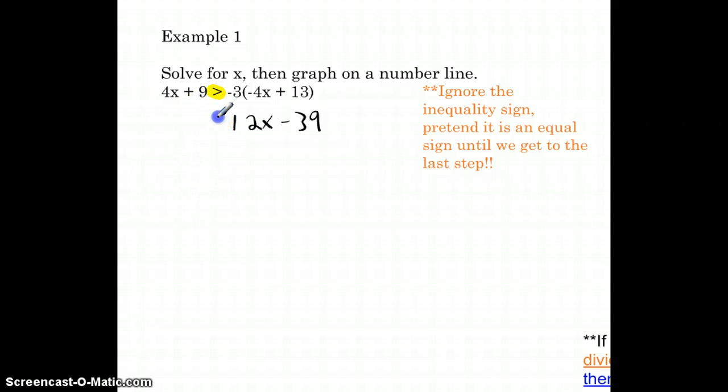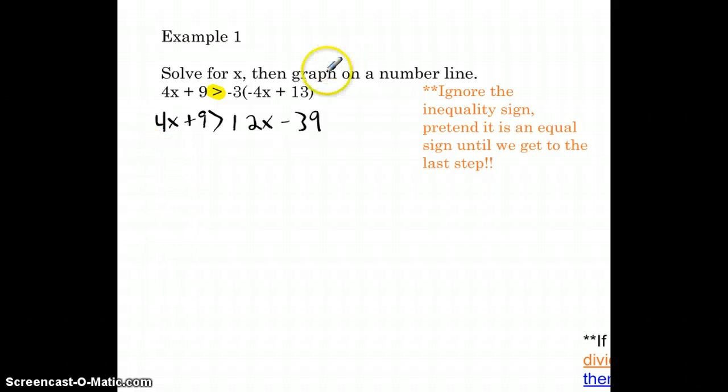Okay. I'll bring down my inequality sign for now. Still just pretending it's an equal sign. I don't want to change it to an equal sign or just ignore it. I want to still bring it down with me because we need to have an accurate measure of that when we get to the end. All right, so we still have variables on both sides here, 4x and positive 12x. I'm going to bring the 12x over to the left.